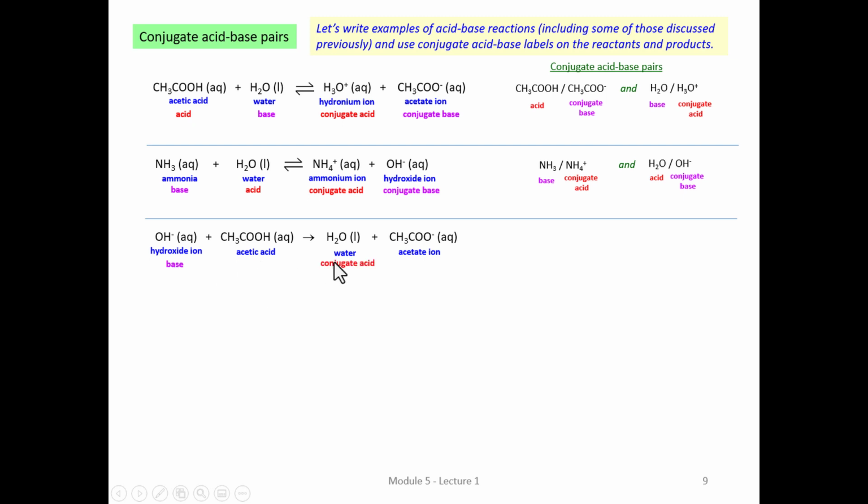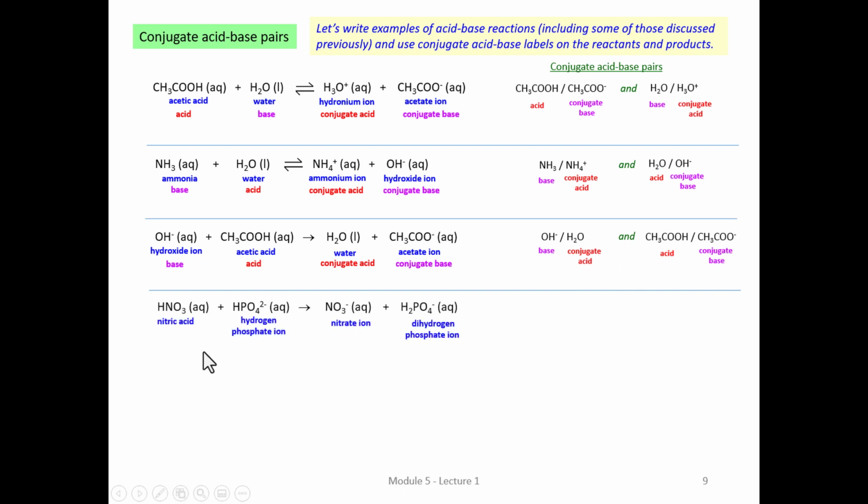Its conjugate acid on the other side is water. Acetic acid is, surprise, surprise, the acid, and its conjugate base on the other side would be acetate. So our conjugate acid-base pairs in this reaction are hydroxide and water, and acetic acid and acetate.